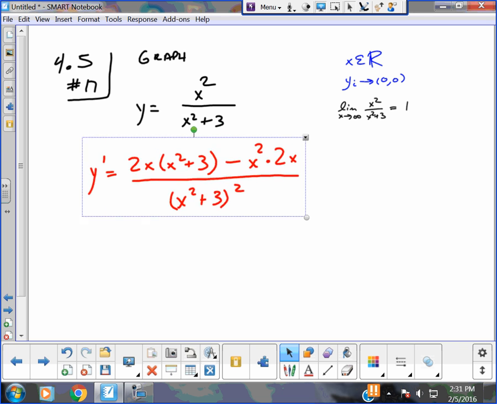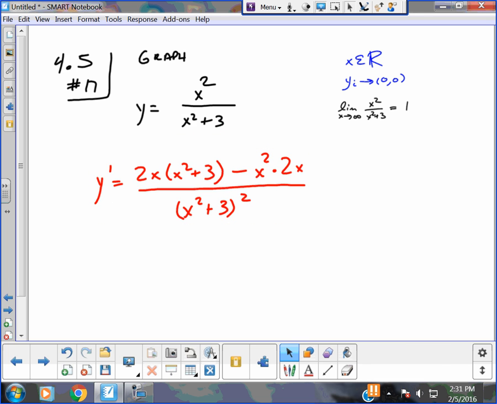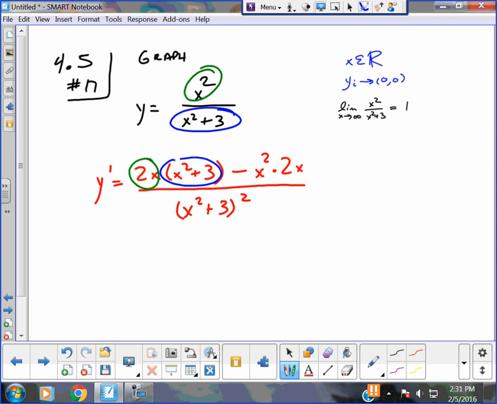I'm going to circle stuff: f, g, f prime g minus g prime f. That's our first step. I'm going to get rid of all the circles because it kind of mucks it up. But I think at this point we're getting good at quotient rule derivatives. If you're not, you probably have to write it out.